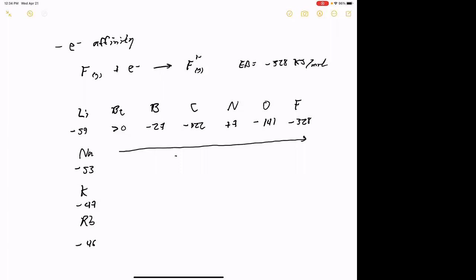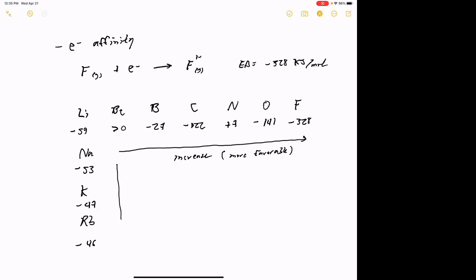So I'm actually seeing an increase in electron affinity. And when I say increase here, what I really mean is more exothermic, more favorable. So in other words, it's easier to stick an electron into the atom as I move across a row.